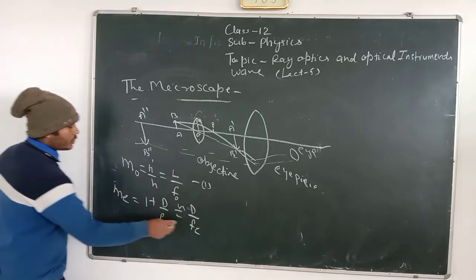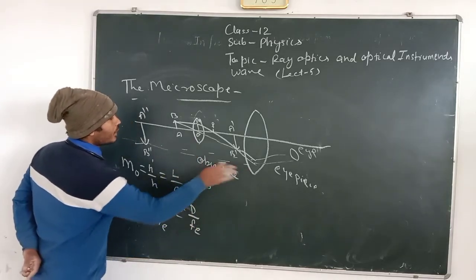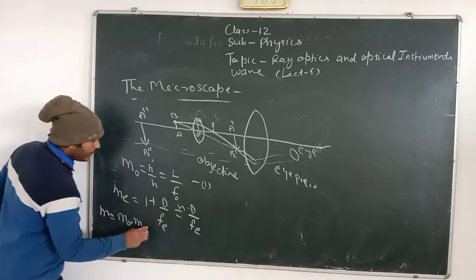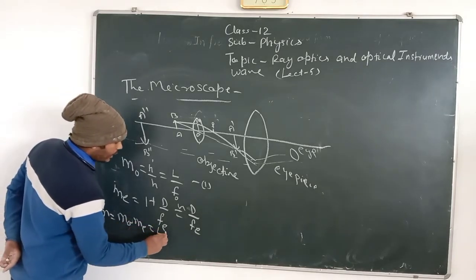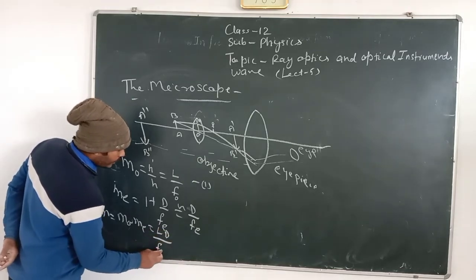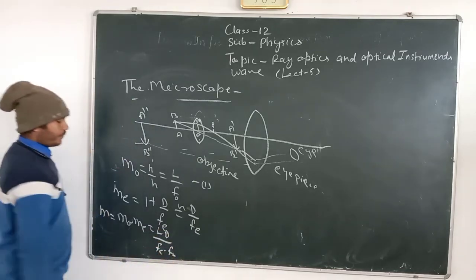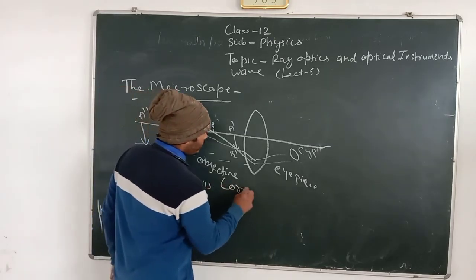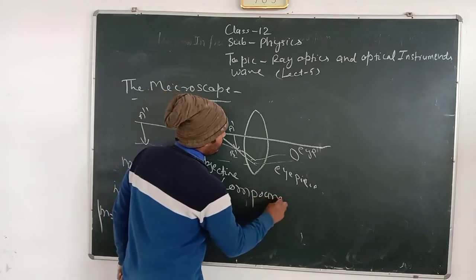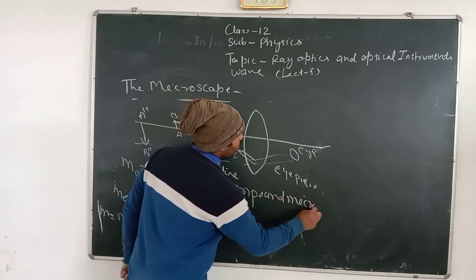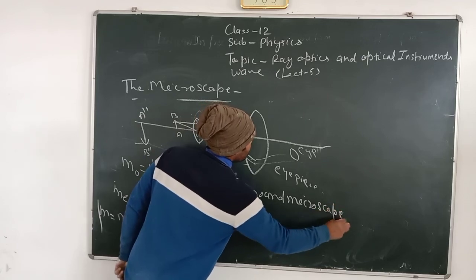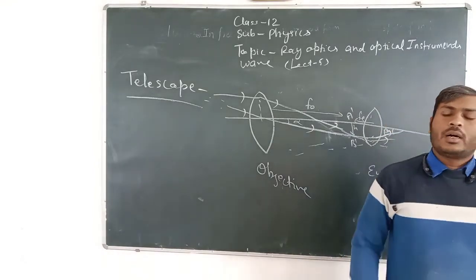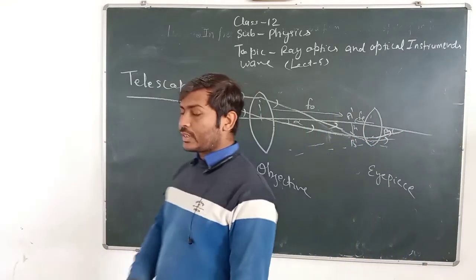So the magnification of the objective and the eyepiece, M, will be equal to Mo into Me, and this will be finally L into D upon Fe into Fo. Is it clear? So it is the magnification of the compound microscope.